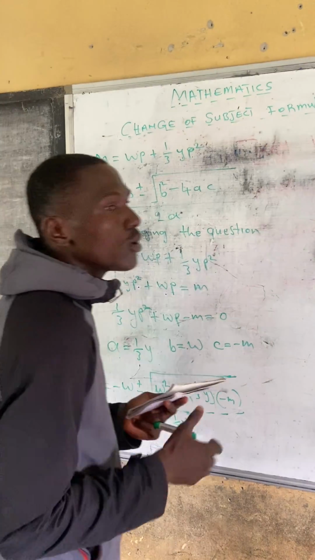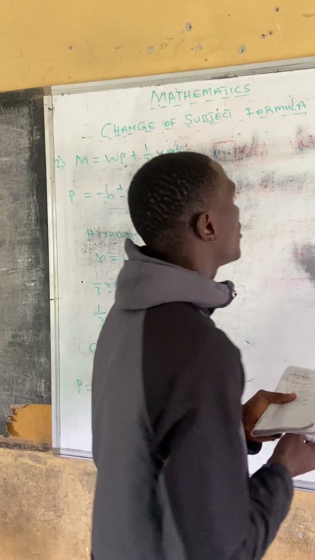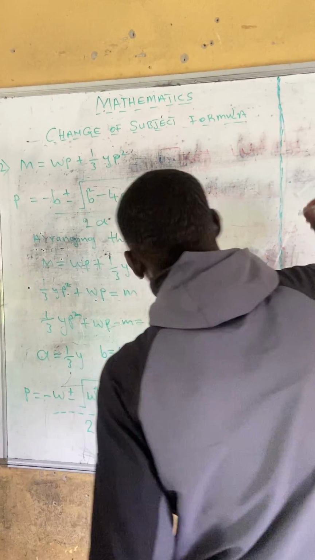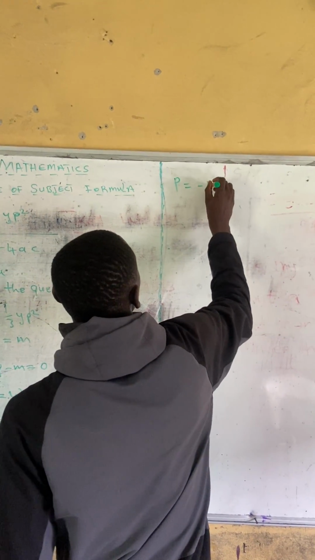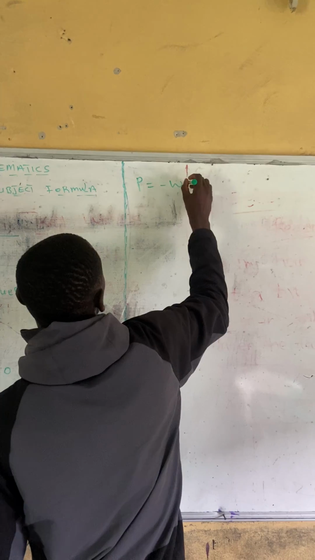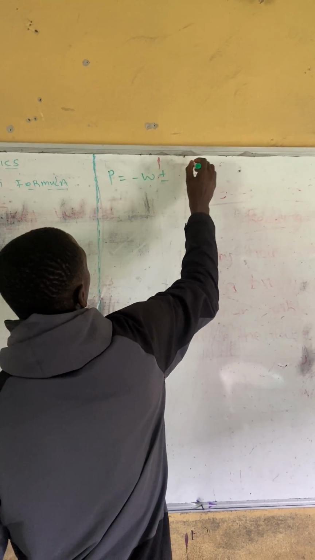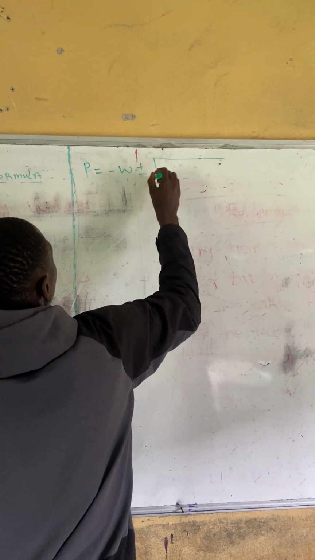So, for you to evaluate the quadratic formula, you now write P equals to minus W plus or minus W raised to the power 2.